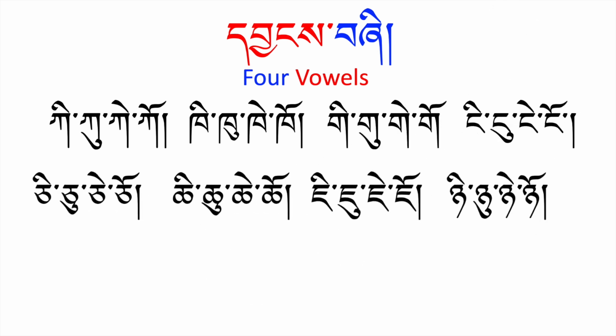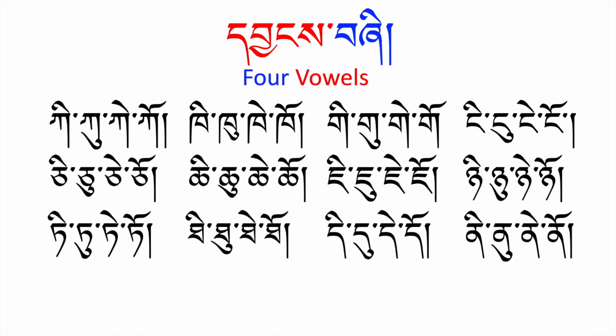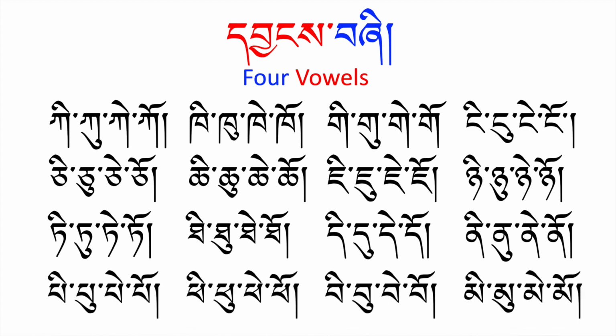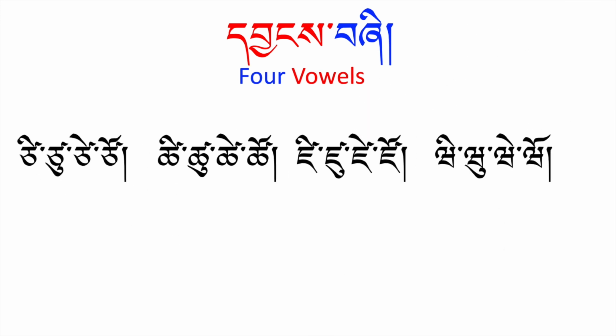Here you can see all four vowels with each of the 30 consonants. This is kigu on the top, this is shapkyu at the bottom or underneath, and this one is on the top, and this one is on the top. So you can see every consonant has these four vowels.